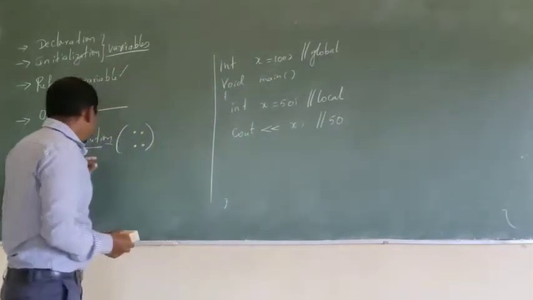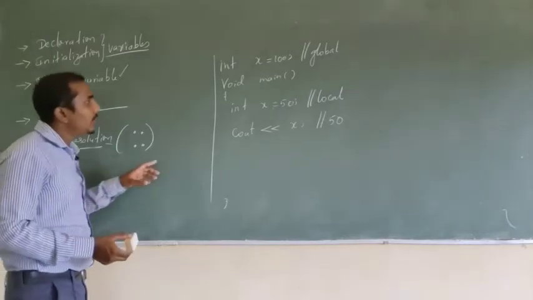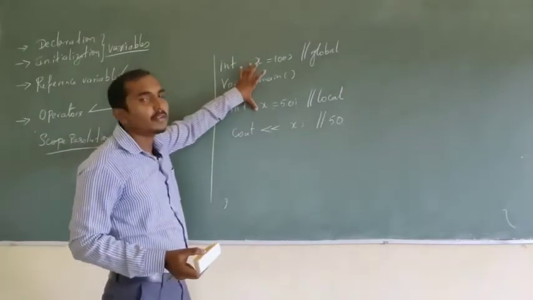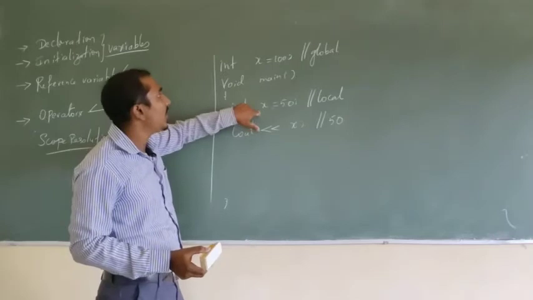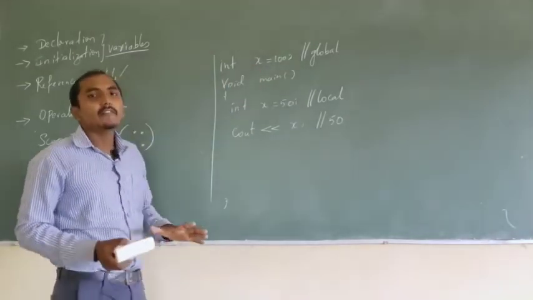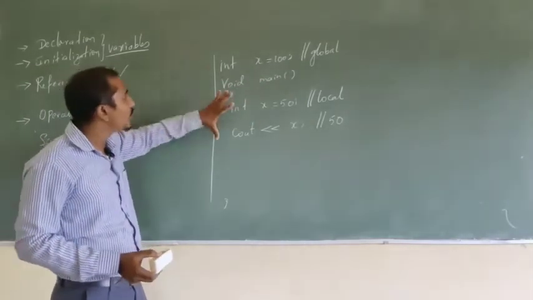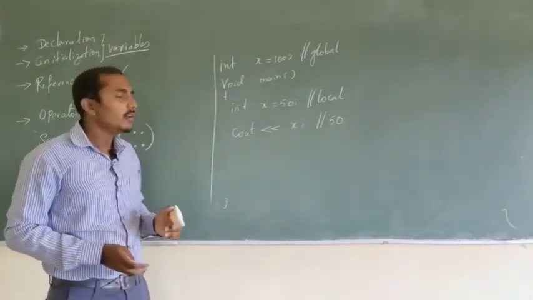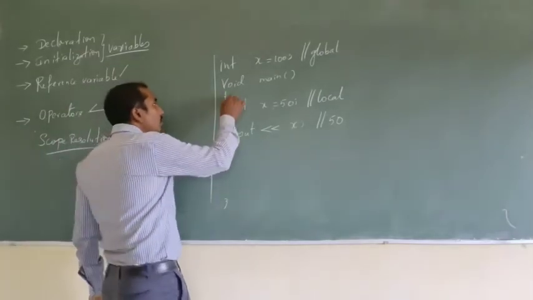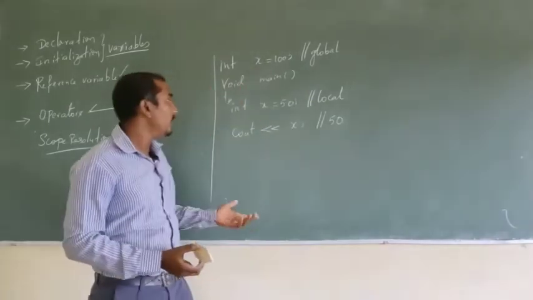The use of the scope resolution operator is when I have similar variables defined both inside the function and outside the function, and I want to access the variable with the same name defined outside this particular scope. Scope is nothing but the lifetime of that particular variable.